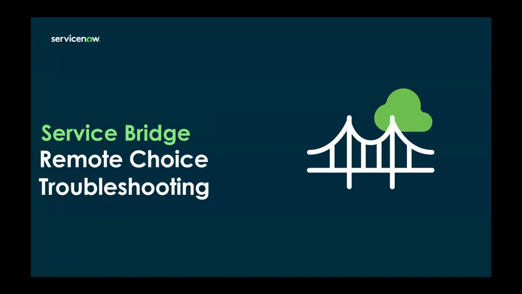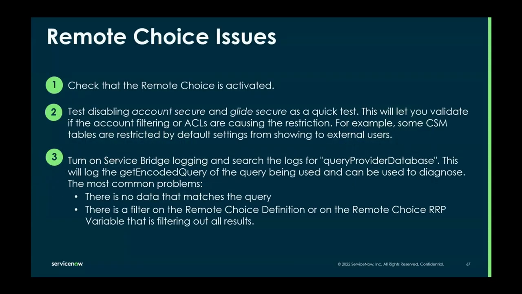So, remote choice troubleshooting. If you're having issues with remote choice, first off, check that remote choice is activated. It's possible to deactivate remote choice, and then it would not be available from the consumer side. Next, a quick and high-level test is disabling account secure and glide secure.